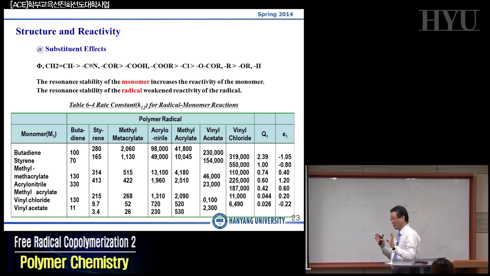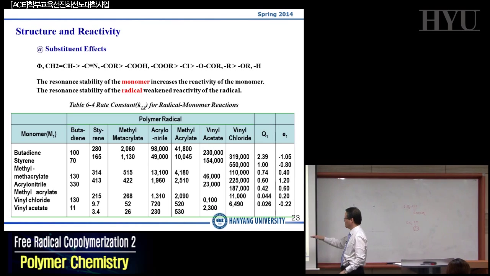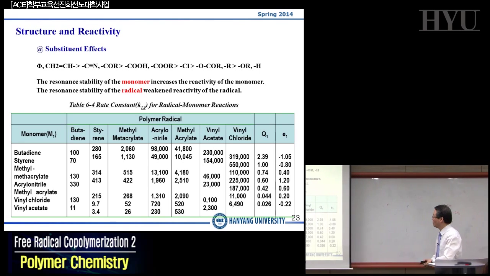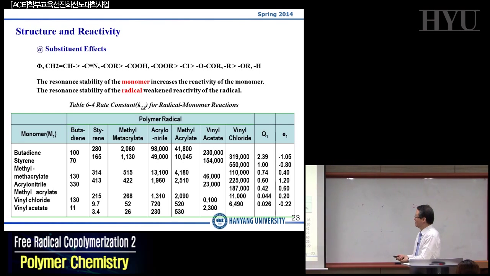Well, I don't know actually, but they arbitrarily set styrene as the standard material for their calculation for Q and E. And instead of minus 1 or 1 for styrene, for E, maybe they phenomenologically determined this E value as minus 0.8.